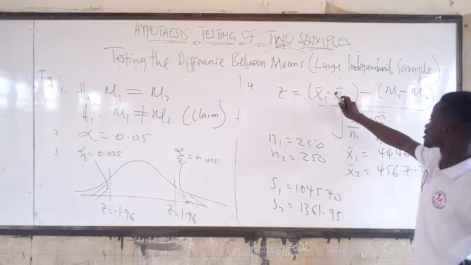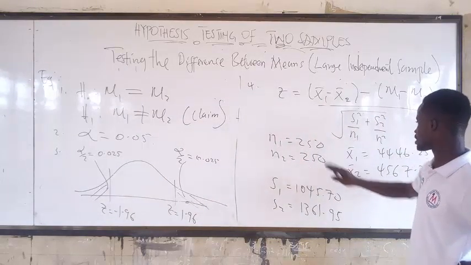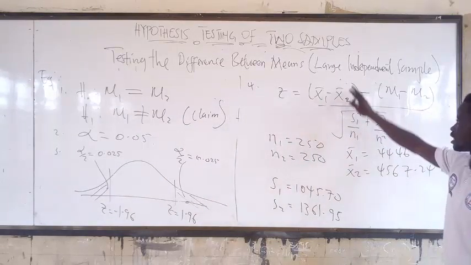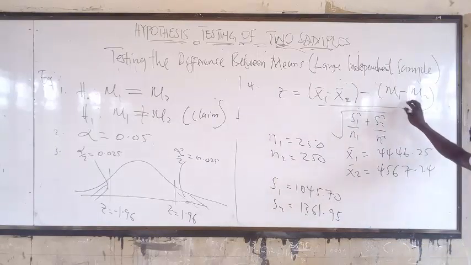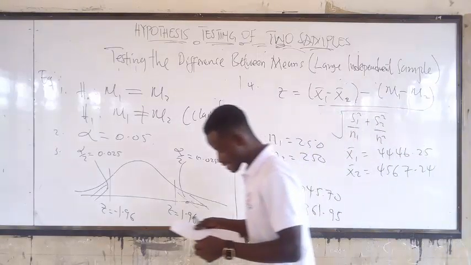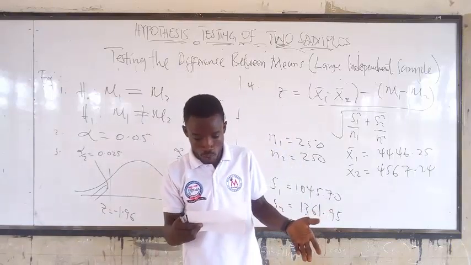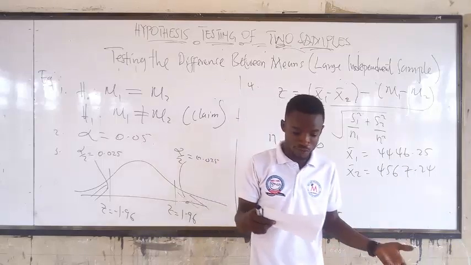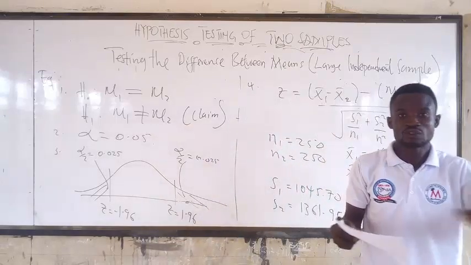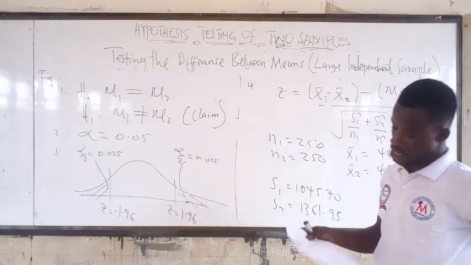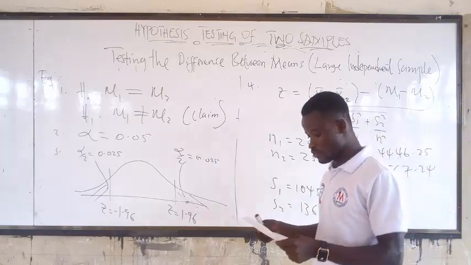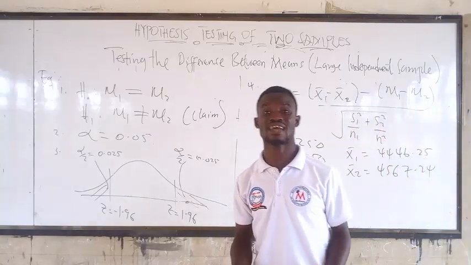But there is something here that we don't know. We know n1 and n2 are here, this one is here, but we don't know the mu1 and the mu2. It was not given in the question. In the question, all that we know is what we have here. Please, let me advise you: don't think of it, it's 0.